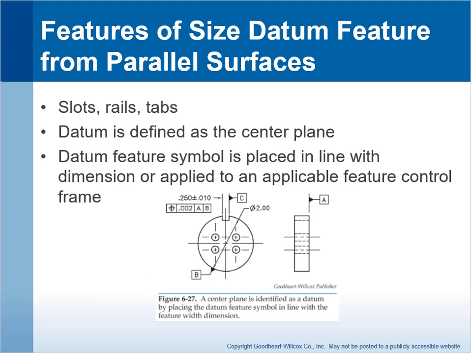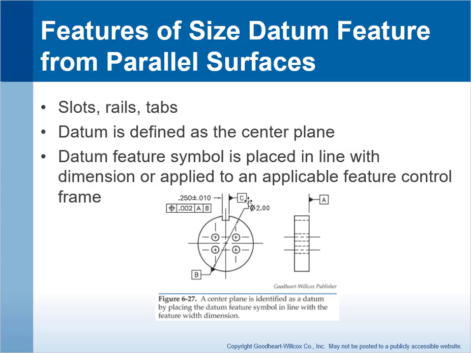Okay, here is a feature of size datum from parallel surfaces. In this case, our datum is this slot, this .250 slot. Again, we've done it the same way by using the datum in line with the dimension lines. This applies to slots, rails, tabs. The datum is identified as the center plane.